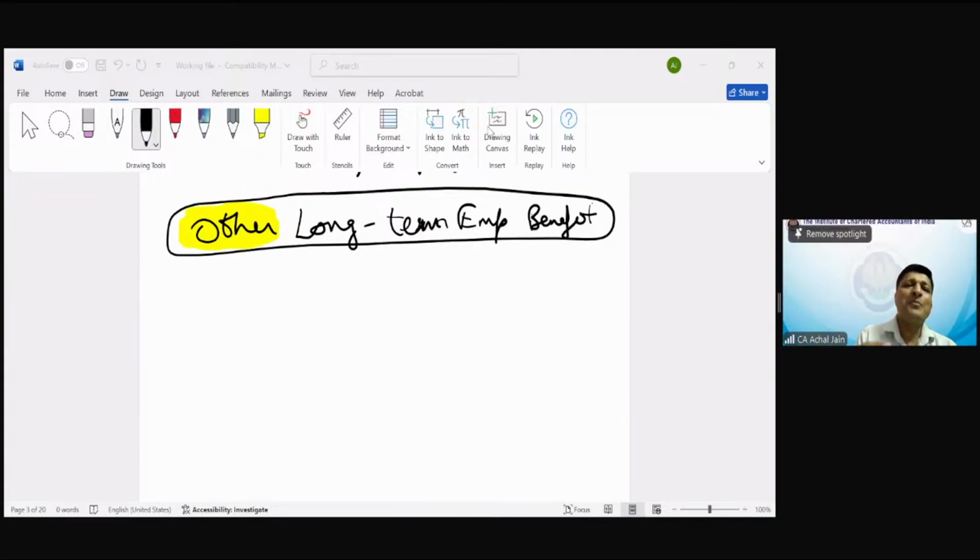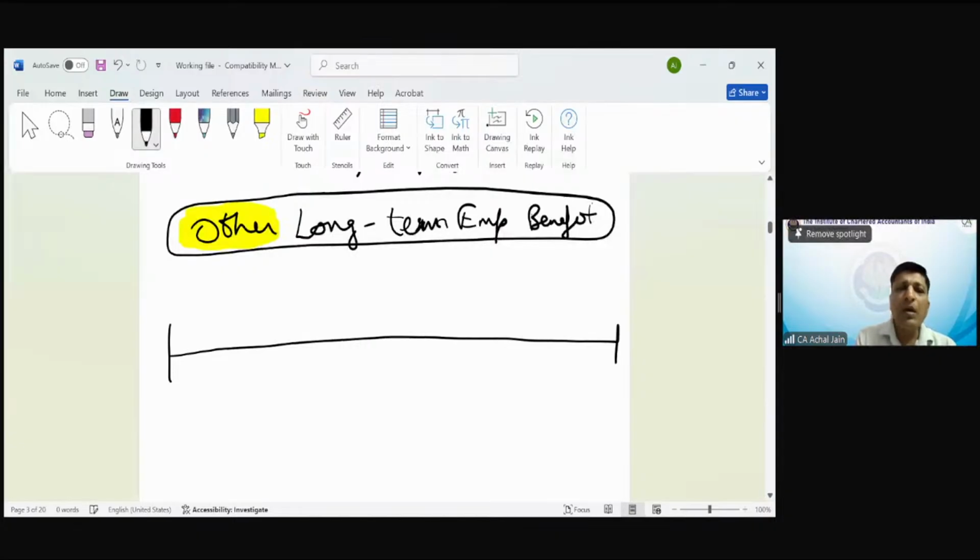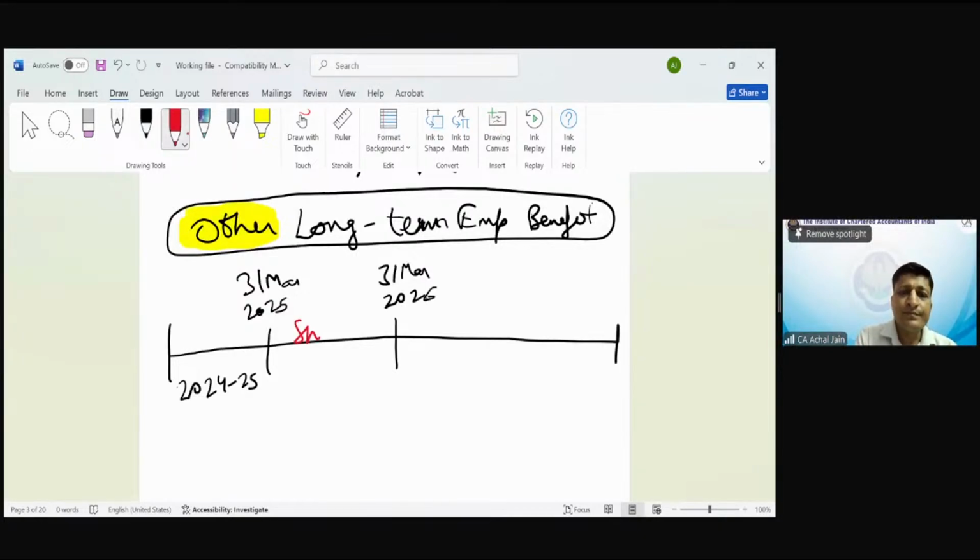Now, what is the long-term employee benefit? If you remember about short-term employee benefits, for the financial year 24-25, we discussed that anything which is payable within 12 months from the end of the balance sheet date is called short-term.